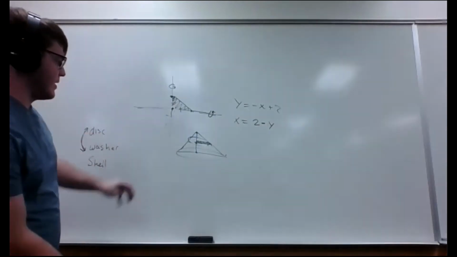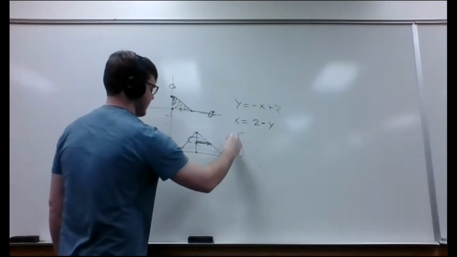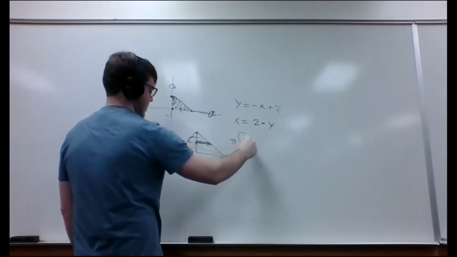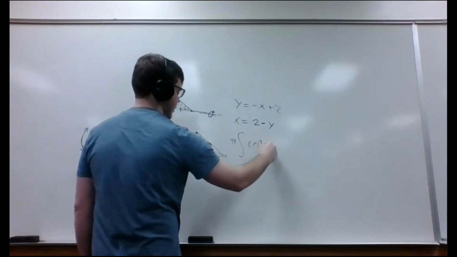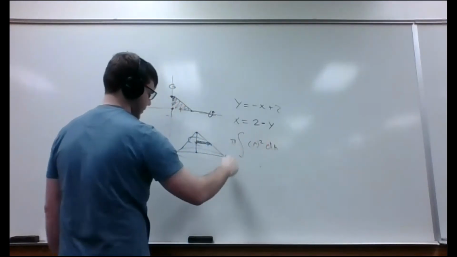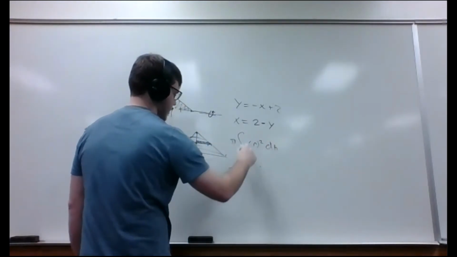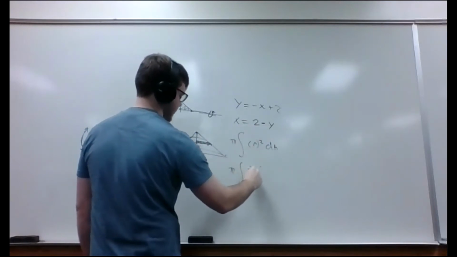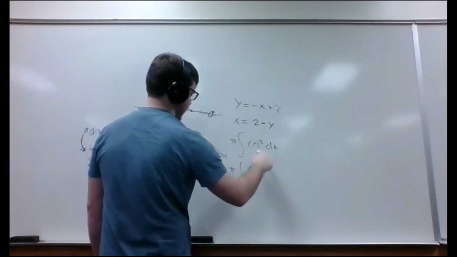And then it's the same thing. So if we're doing the washer disk method per se, then it's going to be our r squared dh, right? And pi is the same. Our radius is now going to be 2 minus y squared.